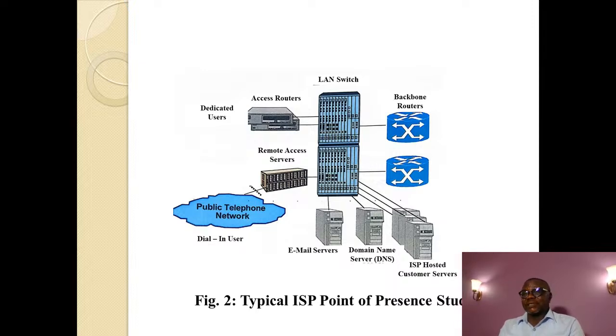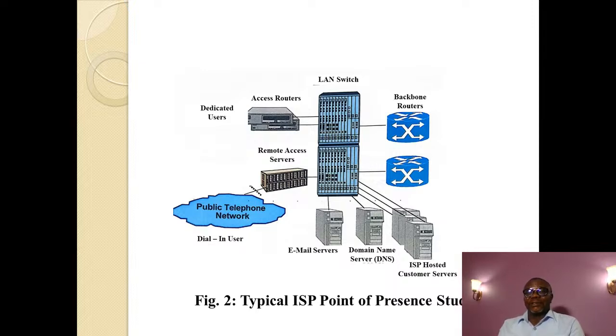In some cases, if you send mail, you can record that mail, and after you close the mail, those mails are not saved in your laptops or in your desktops. They are saved somewhere, and they are saved in these ISP hosted customer servers.